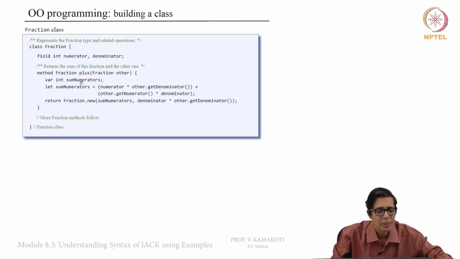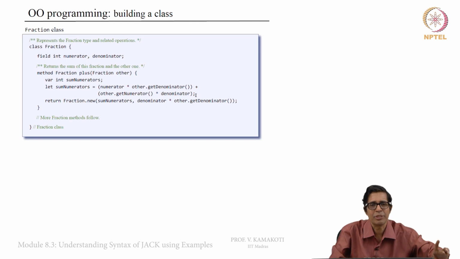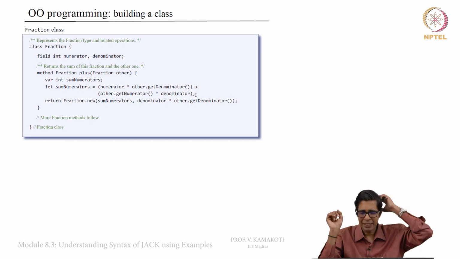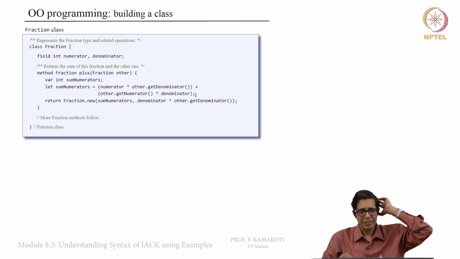So, int sum numerator, let sum numerator equal to the numerator of the current fraction into the denominator of the other fraction plus the numerator of the other fraction, which you get by using other dot get numerator, into the denominator of the current fraction. If I want to do a by b plus c by d, it is ad plus bc divided by bd, right.